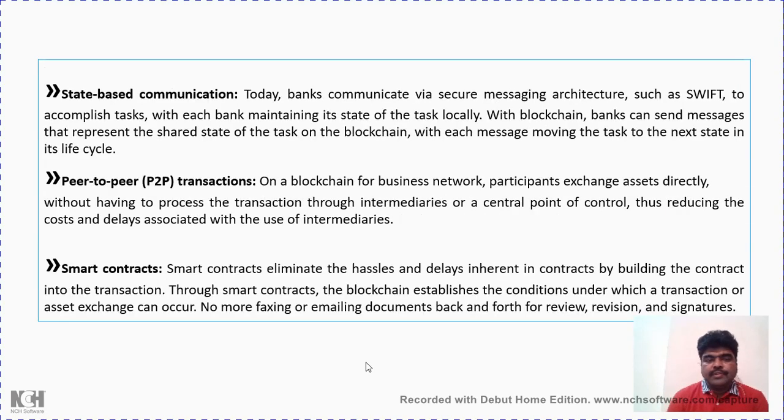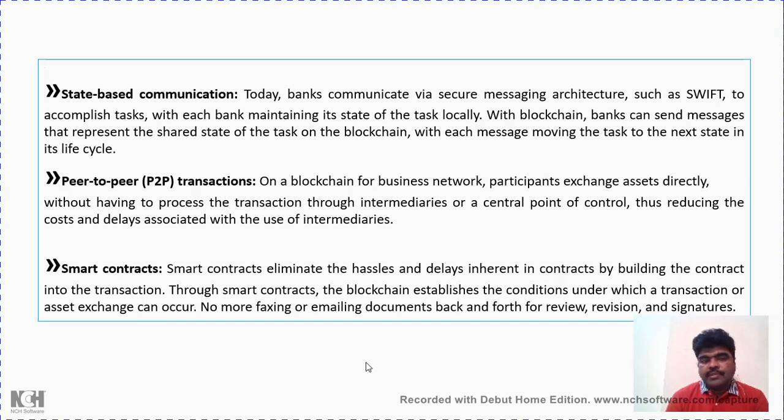Next is state-based communication. Today, banks communicate via secure messaging architecture such as SWIFT to accomplish tasks, with each bank maintaining its state of the task locally. With blockchain, banks can send messages that represent the shared state of the task on the blockchain, with each message moving the task to the next state in its life cycle.